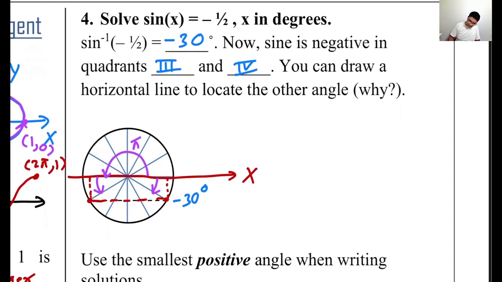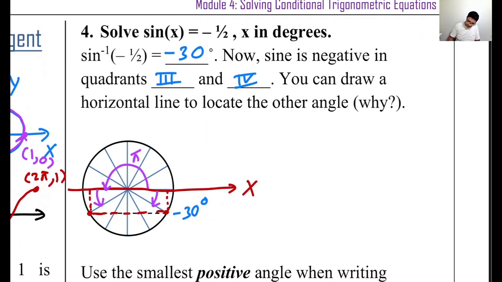So you can write the other solution as pi, or 180 degrees.